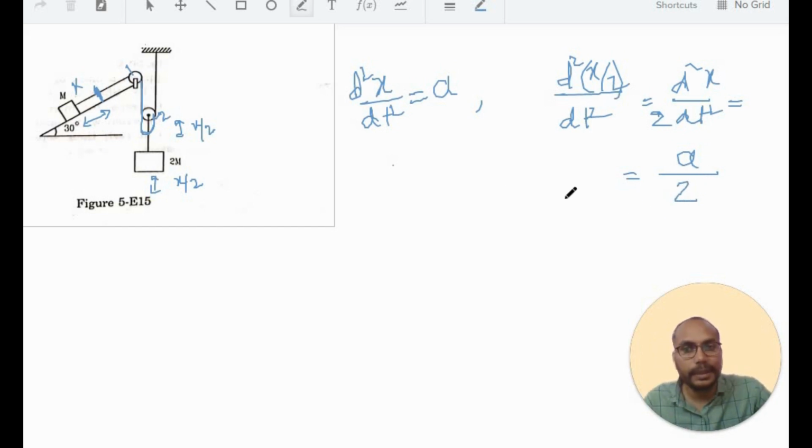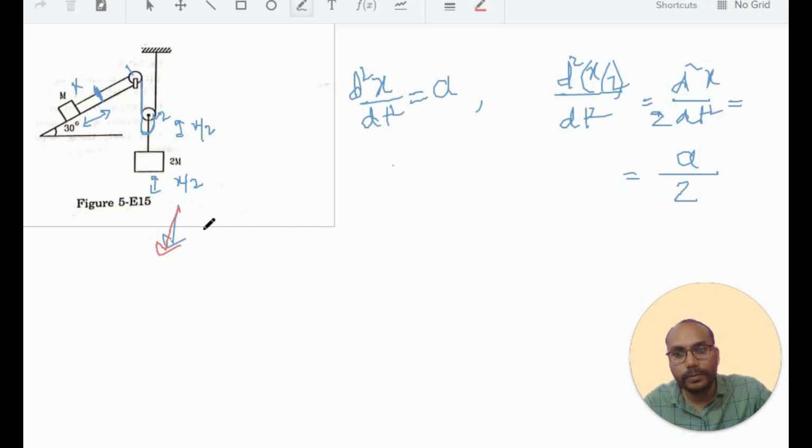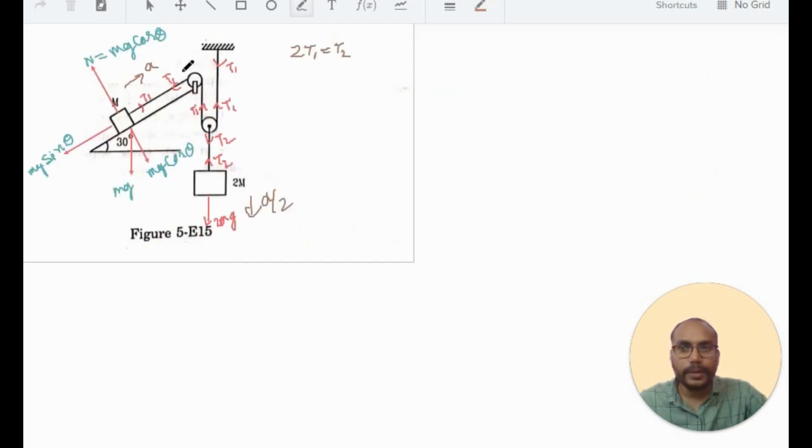That means for the second case our acceleration will be a by 2. So acceleration of twice m mass is a by 2, and acceleration of the mass m is a. Here we have shown the acceleration of mass m, which is a, and acceleration of mass twice m, which is a by 2.